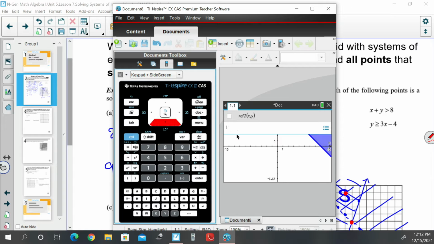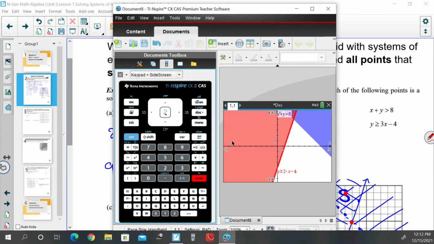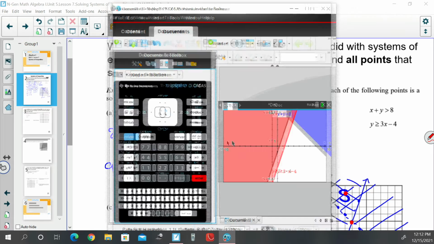Hit my down arrow, and that puts that one in. Now I'm going to put in the second relationship, which is y is greater than or equal to 3x minus 4. Enter.